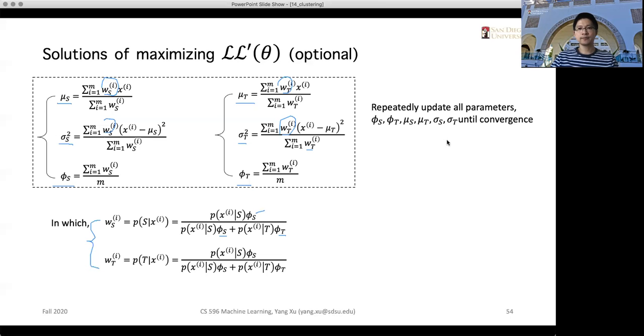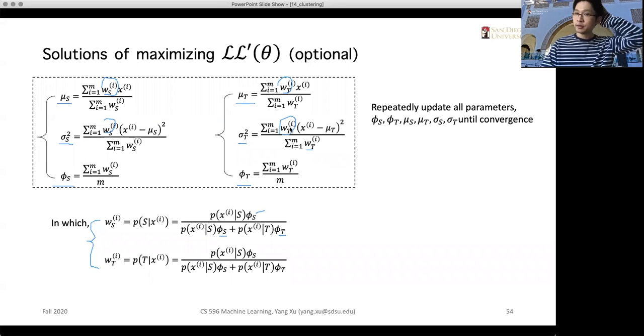So actually we are showing an iterative algorithm here. What I listed within this dashed line box is something we need to repeatedly compute. We need to repeatedly update all the parameters, the phi's, the mu's, the sigmas.